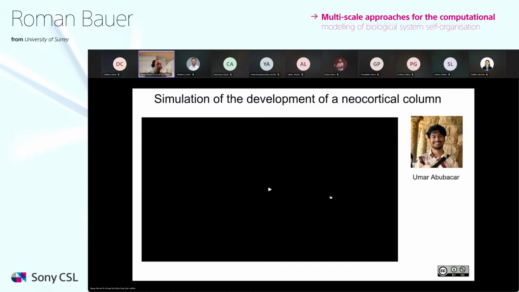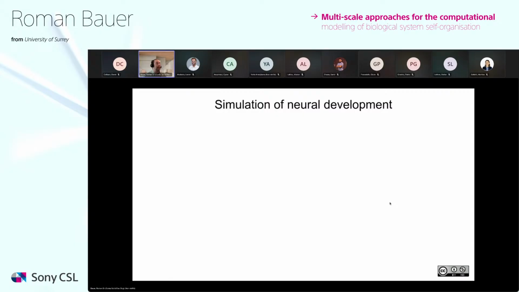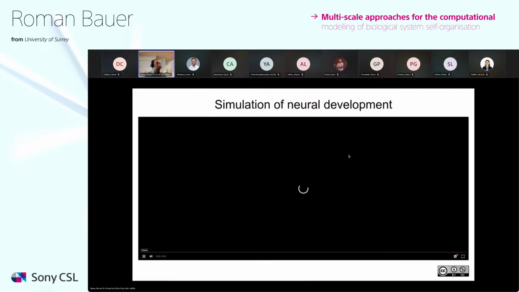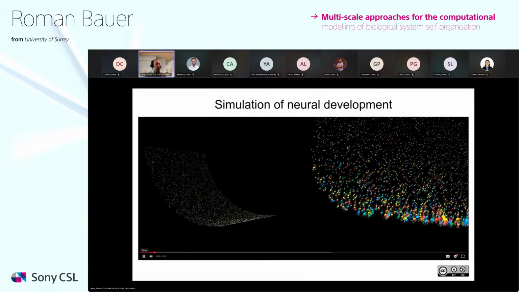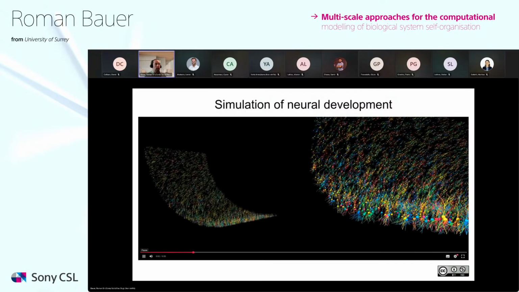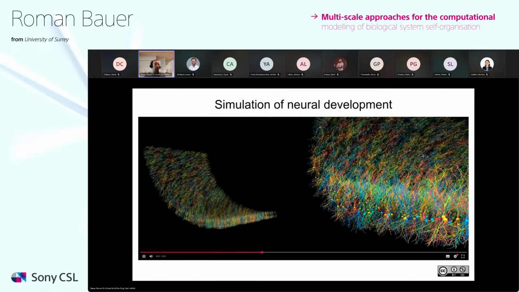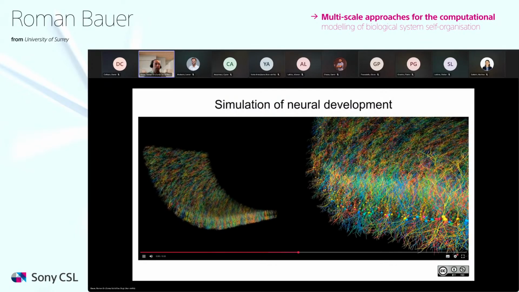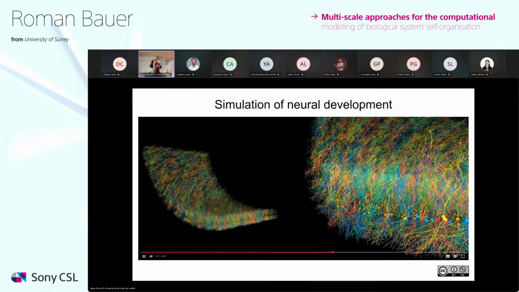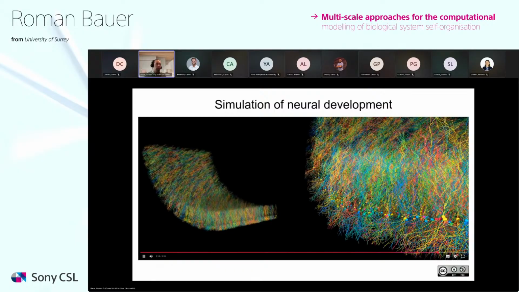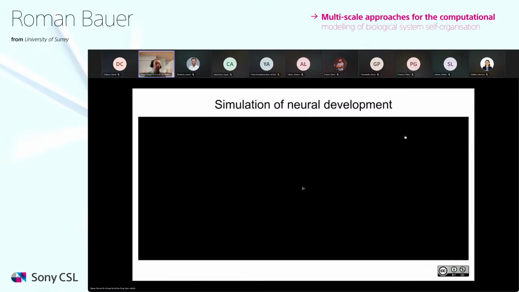And so there's a lot of work that one can go into in this direction, also with regards to scaling up to larger neural systems. Here you see, for example, a large neural network growing from a very simple setting, where we have, I think, on the order of millions of neurite elements. So in total, there are millions of autonomous agents that we simulate here with BioDynamo.